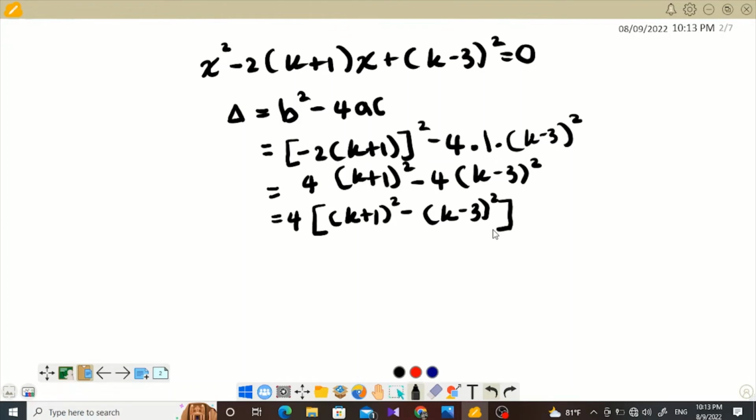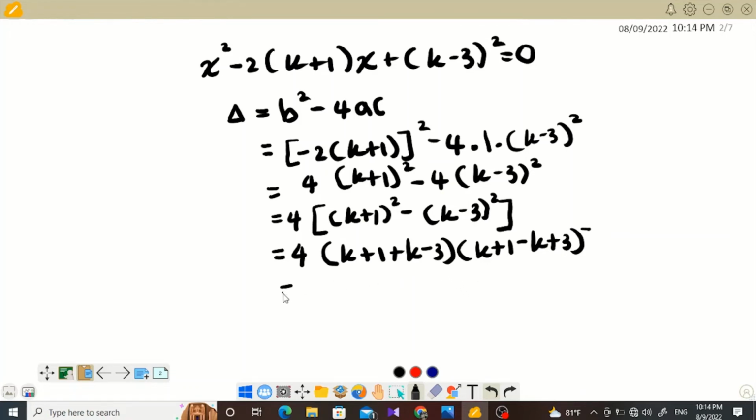As you can see, in the bracket there is a difference of two squares, so I can factorize it like this: (k plus 1 plus k minus 3) and (k plus 1 minus k plus 3).